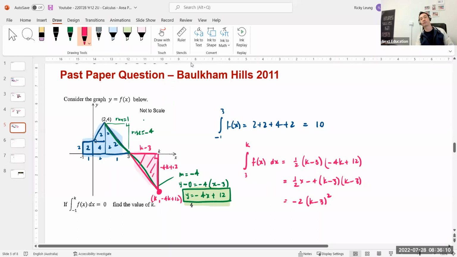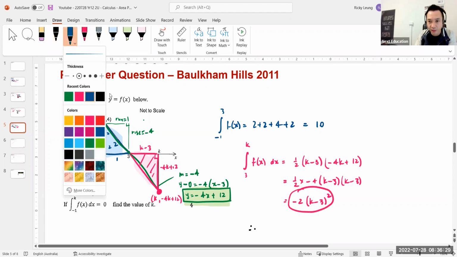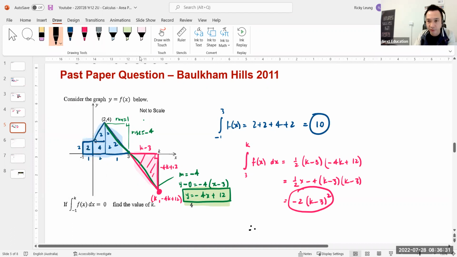Now, I know that the area negative plus the area positive is exactly 0. So the areas should be exactly the same, so I just need to take the absolute value of this guy. If I set the absolute value of this equal to the positive area, they should exactly cancel out to give 0.